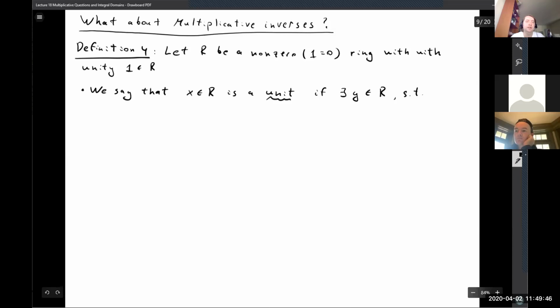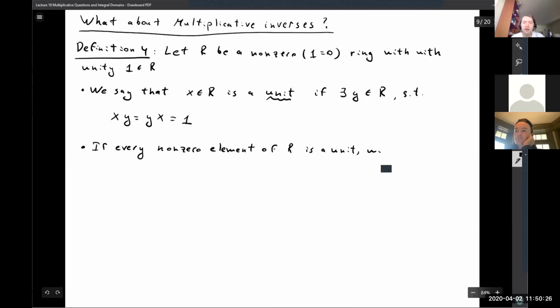In other words, x times y equals y times x equals 1. Now, if every non-zero element of R is a unit, we say that R is a division ring.